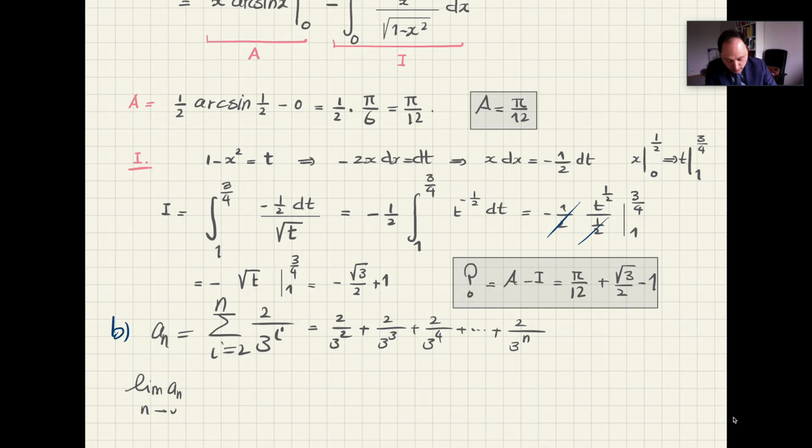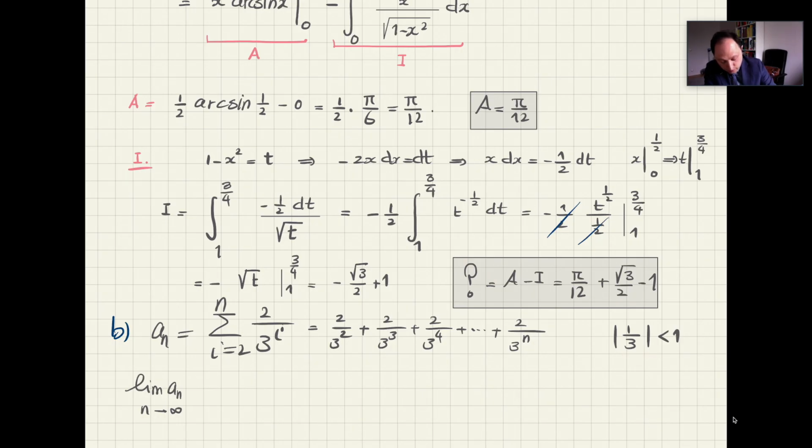Yes? So this is the sum, but when you want to calculate the limit as n goes to infinity, I hope you immediately realize that every time the previous term is multiplied by a third, and the absolute value of 1/3 is smaller than 1. So this is a geometric series whose first term is this, and its common ratio is 1/3.